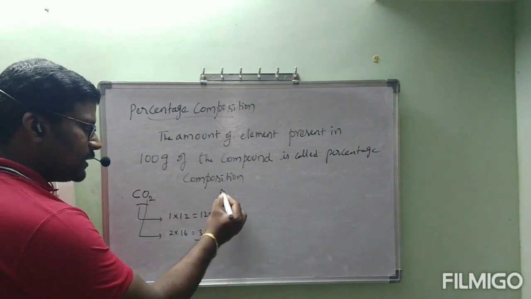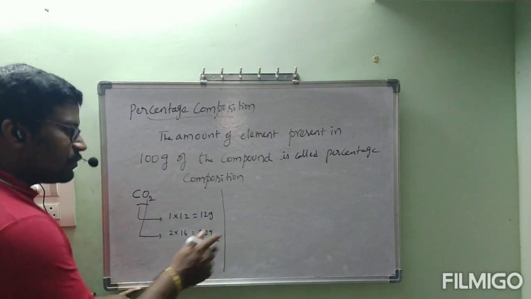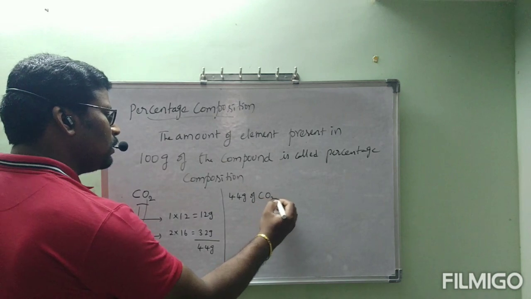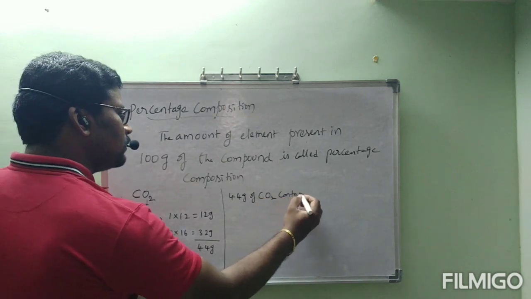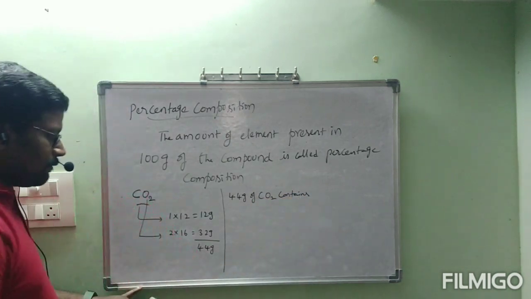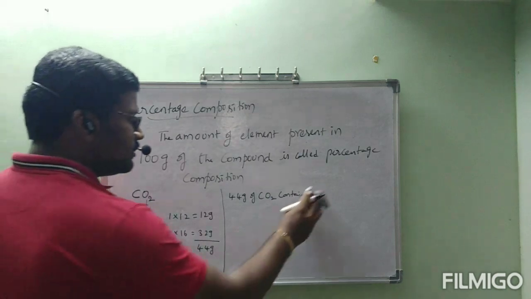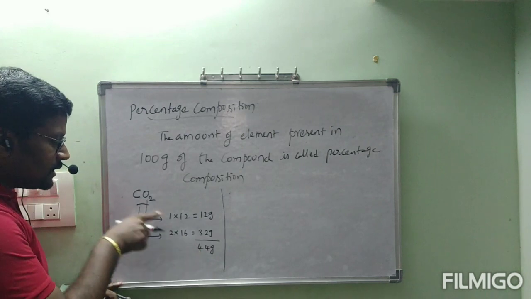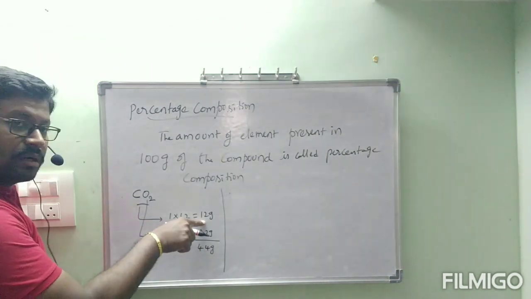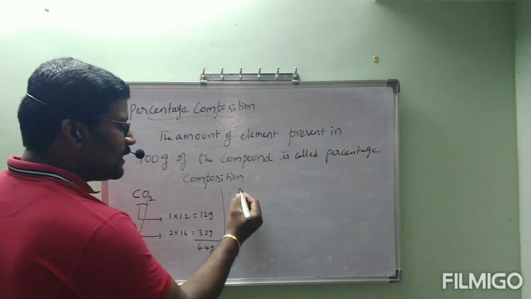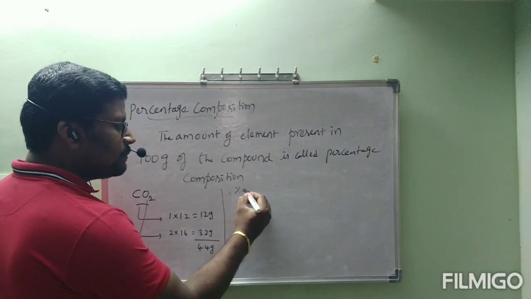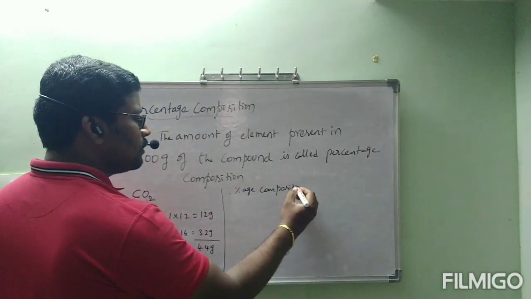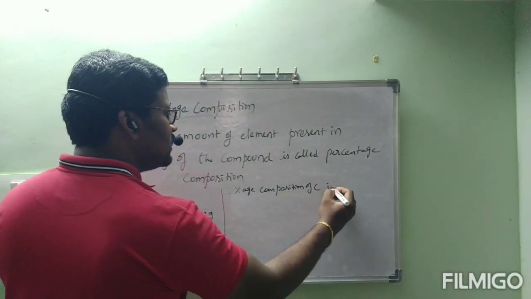Now I am writing one point. Observe clearly. See, 44 grams of CO2 contains how much amount of carbon? 12 grams only. Now I am going to find, as a side heading, the percentage composition of carbon in CO2.